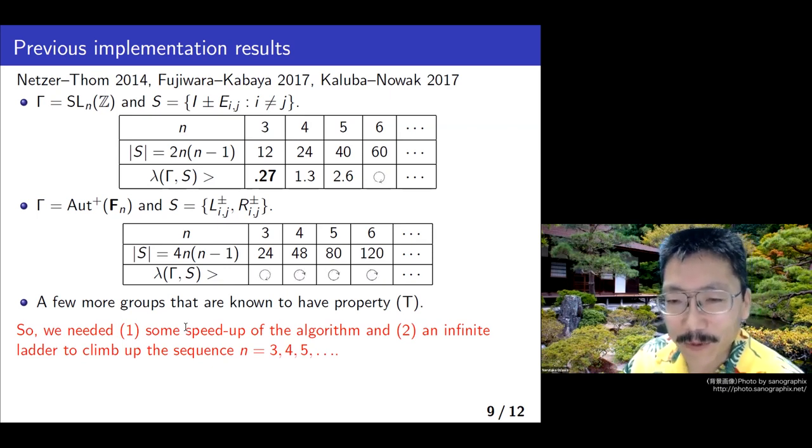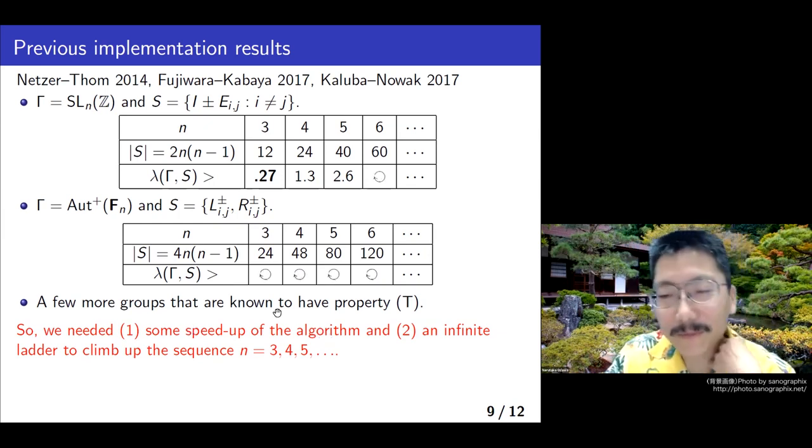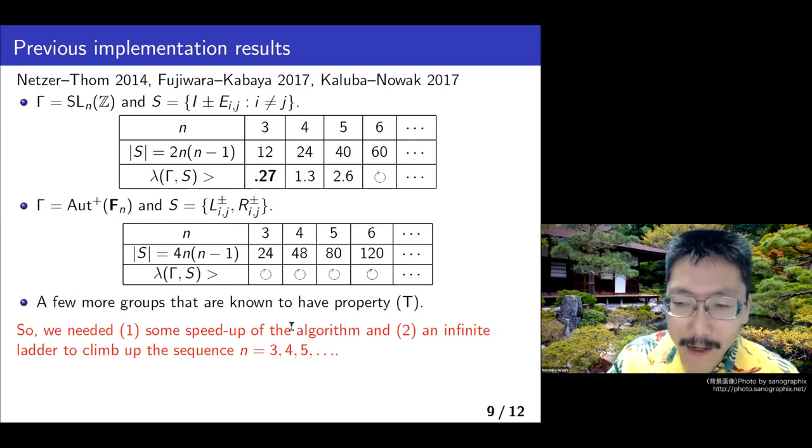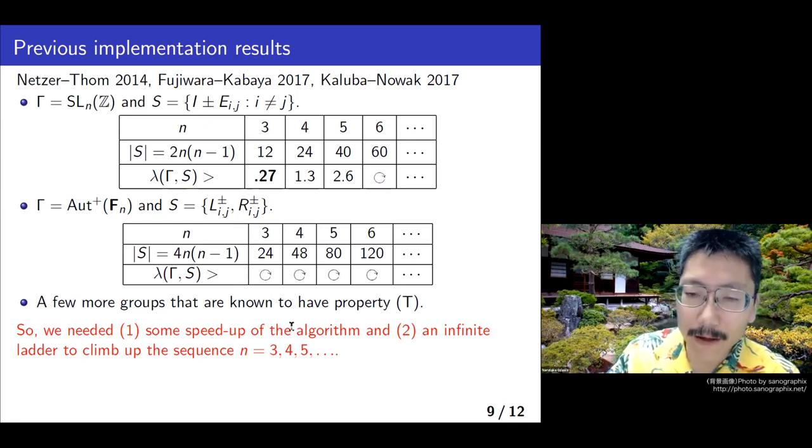By that time, computers get 1,000 times stronger, and we can solve the problem. Maybe, I don't know. Also, the computer algorithm can solve property T only one group at a time, so you cannot prove infinitely many groups have property T. So you need some ladder to climb up the sequence n equals 3, 4, 5.